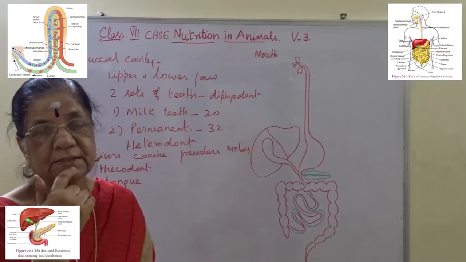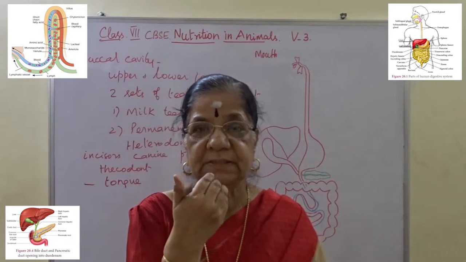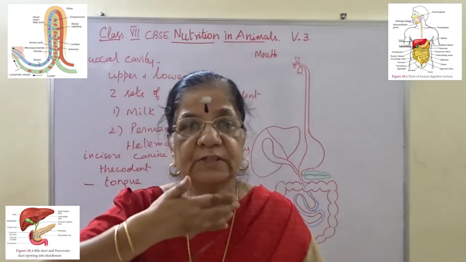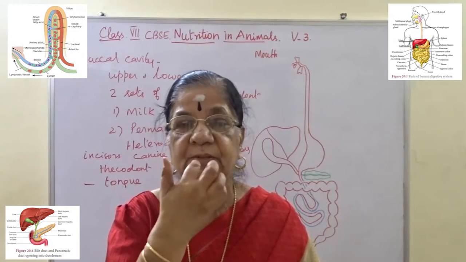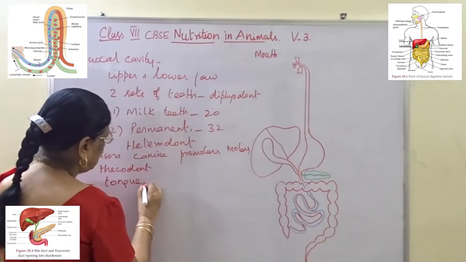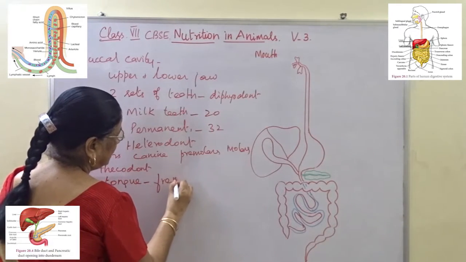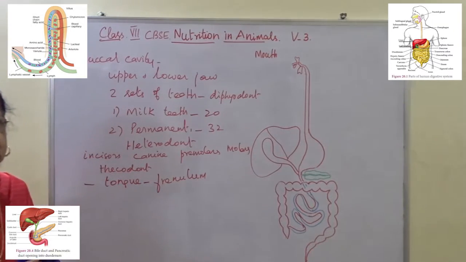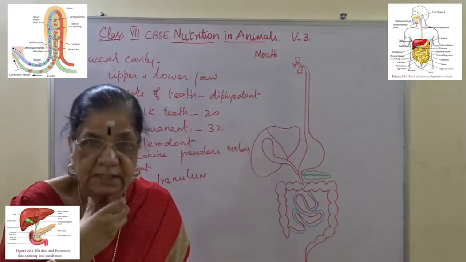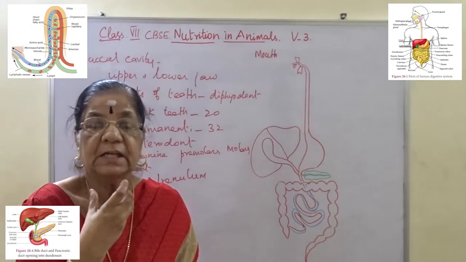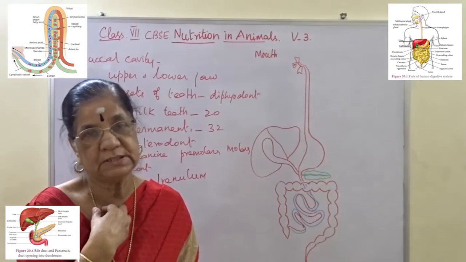The floor of the base of the tongue is attached to the floor of the lower jaw by a fold that is called frenulum. With the help of it, the tongue is attached on the lower portion of the lower jaw.